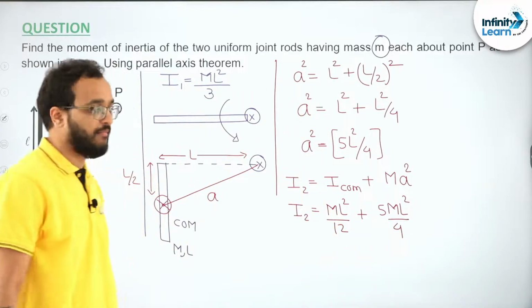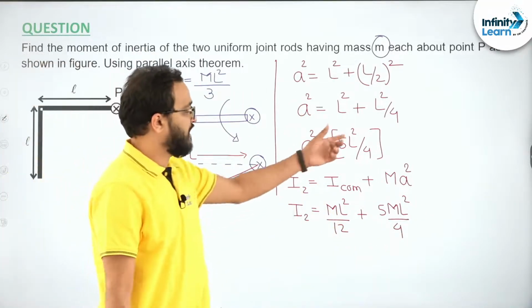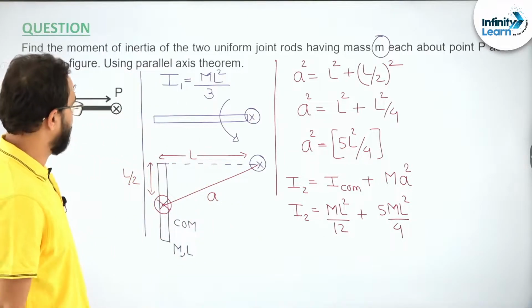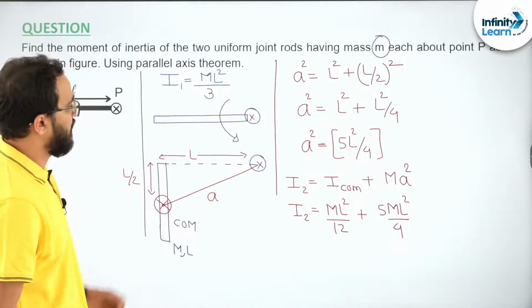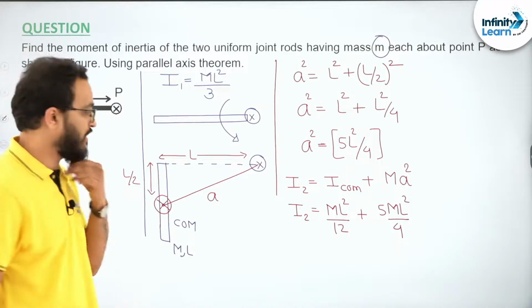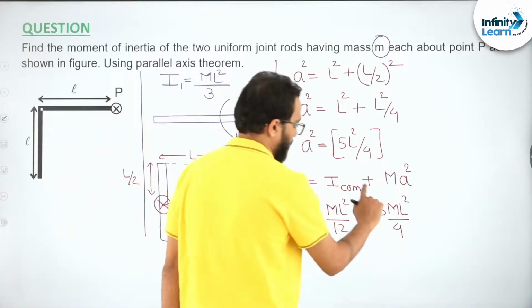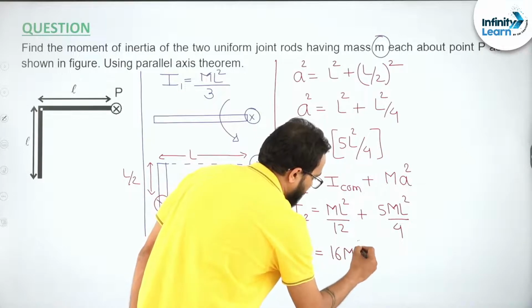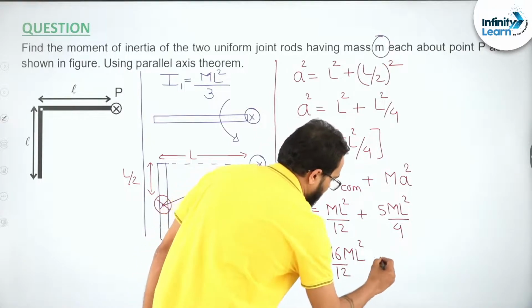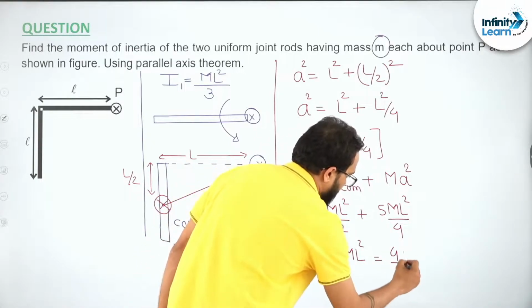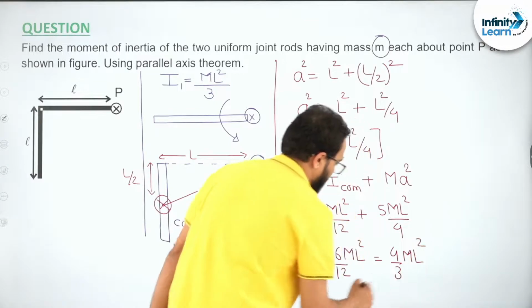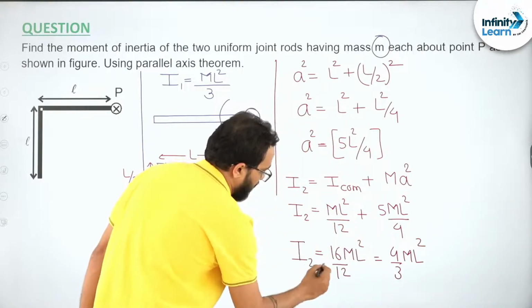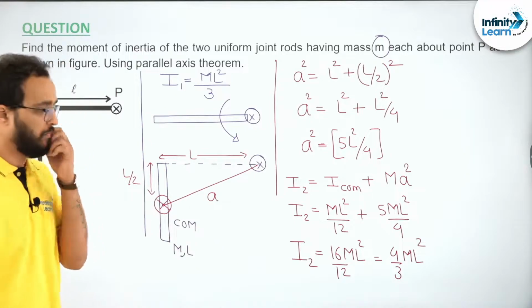Do you understand this thing? Why? Because a square is 5L square by 4. So 4 3s are 12, 5 3s are 15, plus 1, 16. So it will be 16 ML square by 12, that is 4 by 3 ML square. This is I2, okay?